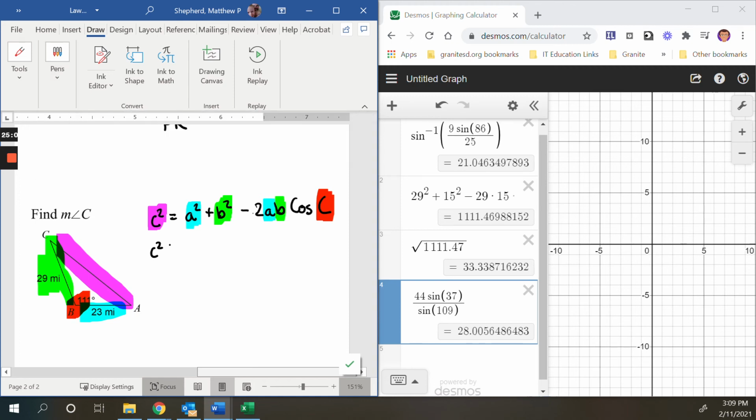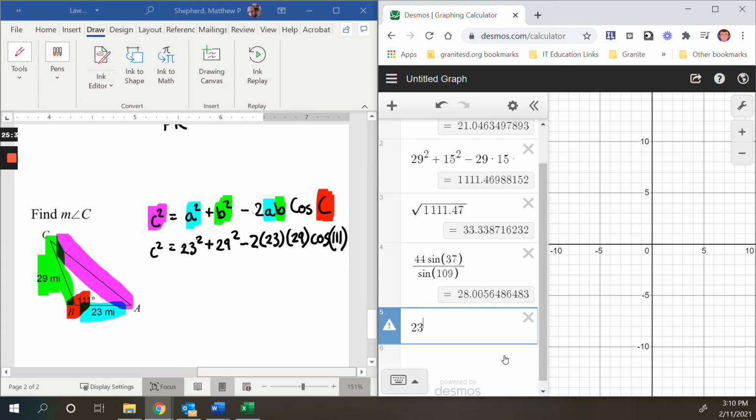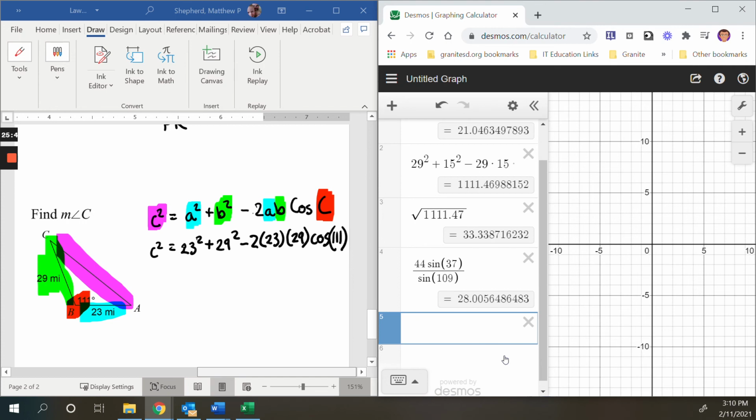So we're going to have c squared is equal to 23 squared plus 29 squared minus 2 times 23 times 29 times the cosine of 111. All right, now it's time for Desmos to earn its keep. And in fact, I'm going to go ahead and set all of this next equation equal to a variable.